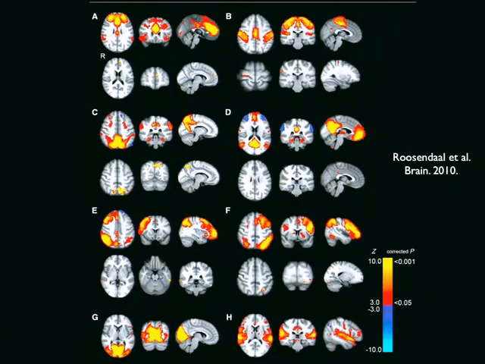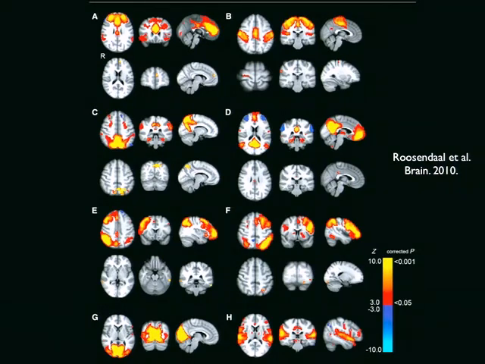And what they found was that in the clinically isolated syndrome patients, there was increased connectivity in each of the networks except for the visual network.